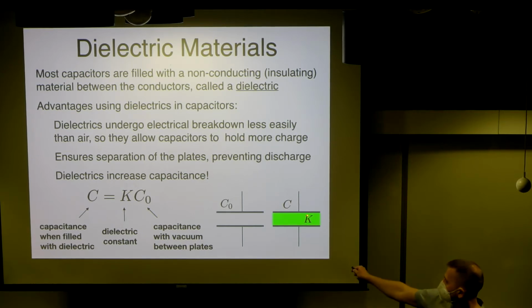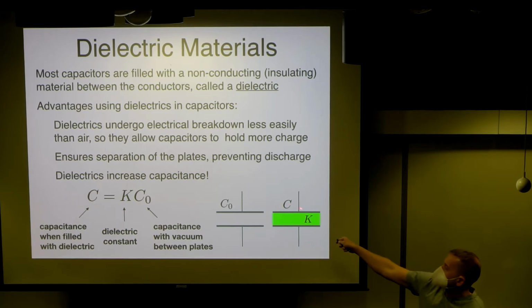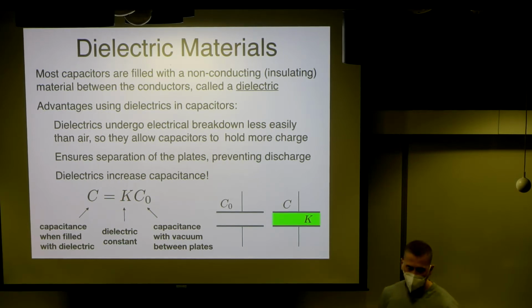Now, there's a value called K associated with this material. It's called the dielectric constant. And what we'll see is the value of the capacitance here is greater by some amount, and it's given by this formula. So C, the capacitance with the dielectric present, is equal to K, which is just a numerical constant. It's a dimensionless constant.